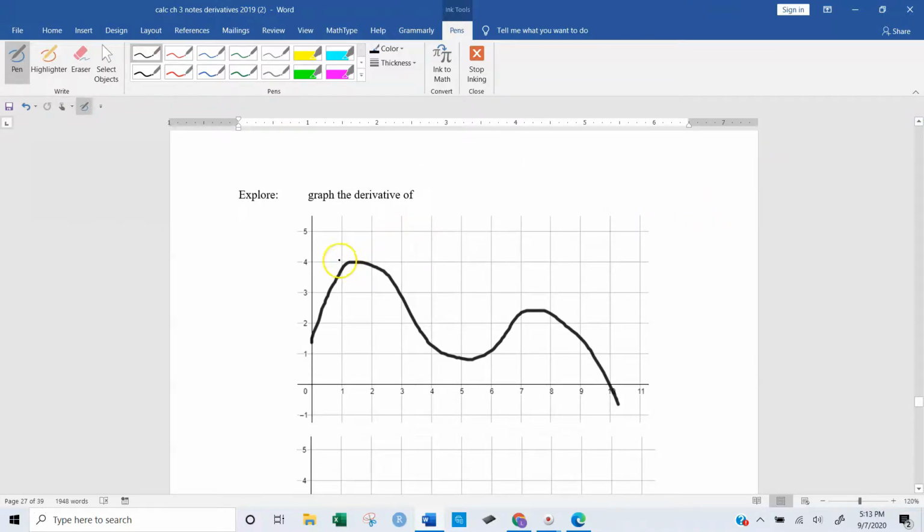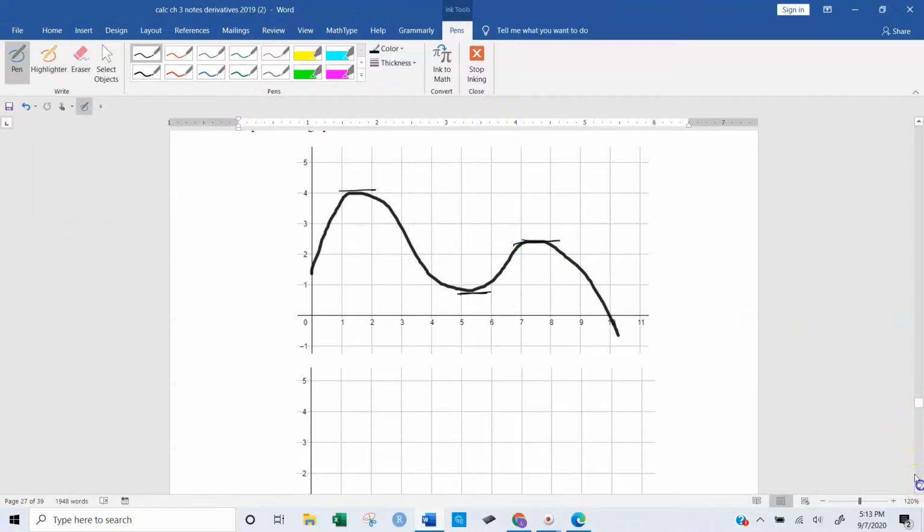You should have got a 0 at roughly 1.5, at a little past 5, and about right here at 7.5. Those are all supposed to be curves. So I'm going to go down to my graph.